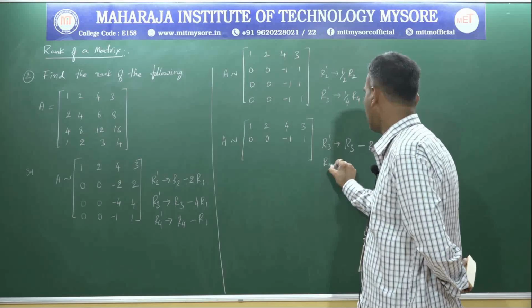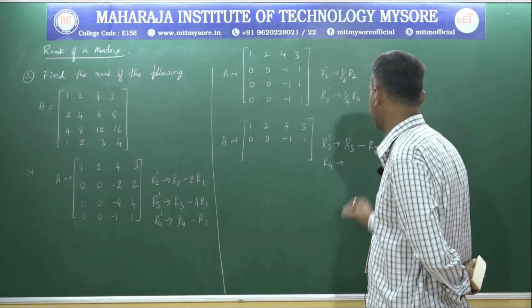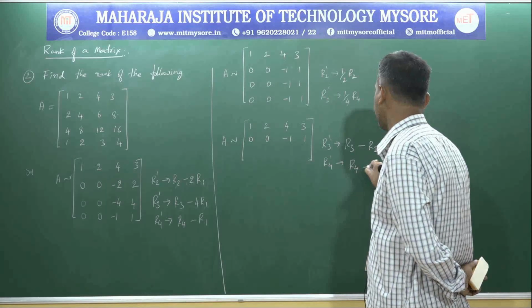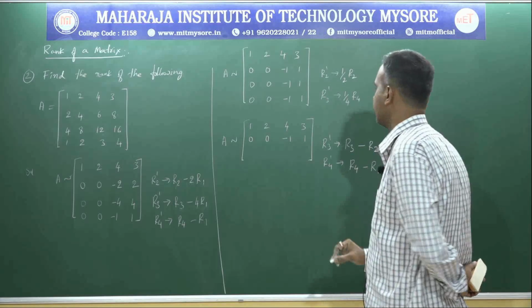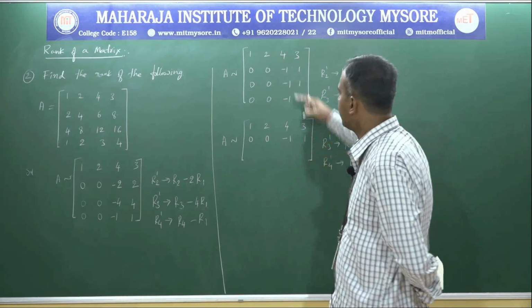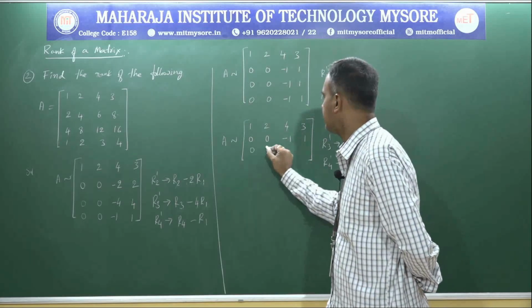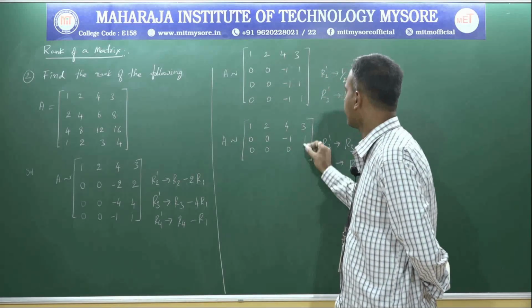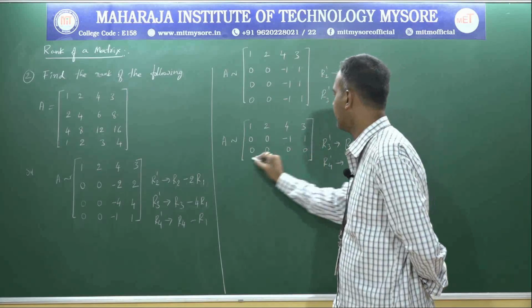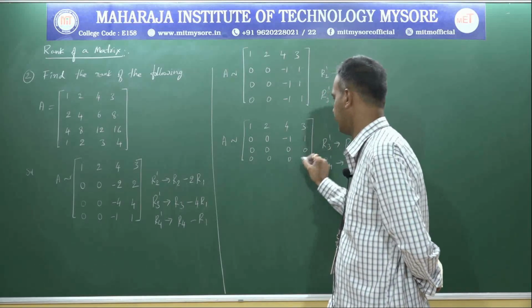Now the next one, R4 dash, R4 minus R2 here. Now minus of minus 1 means here 0. Here 1 minus 1 means 0. Next we can specify 0.